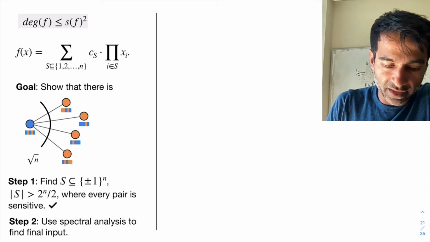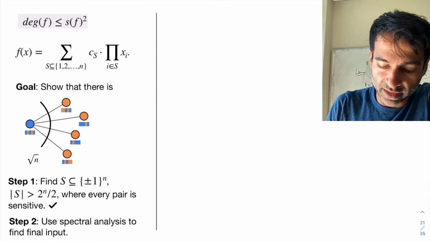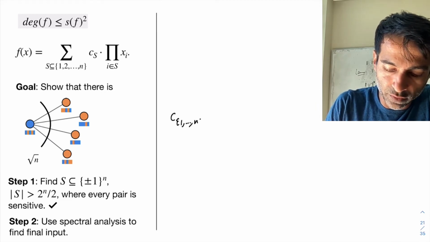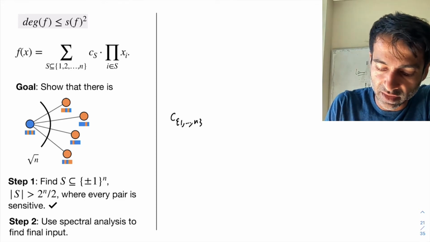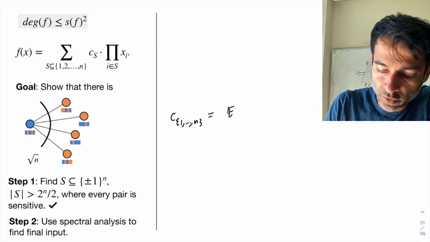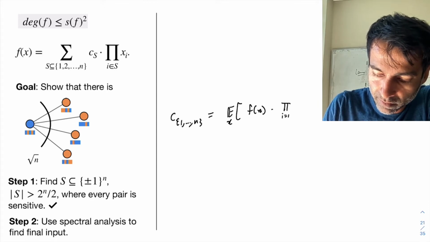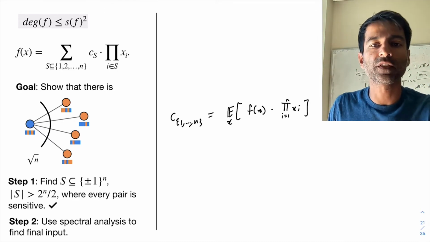So recall that we assume that the degree of f is full, and that means the top coefficient, the coefficient that corresponds to the largest monomial, is non-zero, and you can express this coefficient like this.